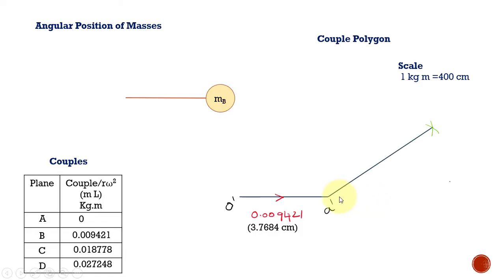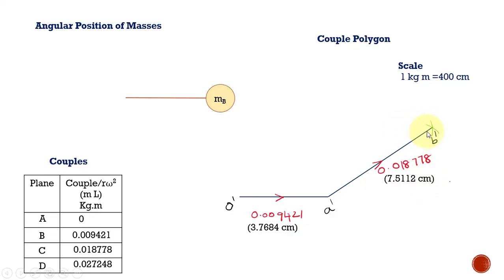By joining this, I get a line, and this distance is 0.018778, but in actual scale the value I have taken is 7.5112 centimeter because 1 kilogram meter represents 400 centimeter. To find this exact value, you need to multiply 0.018778 with 400, then you will get this value. So that is the value we have to take in actual scale.